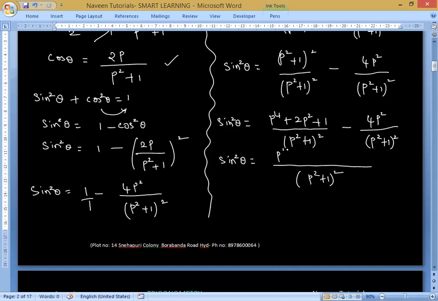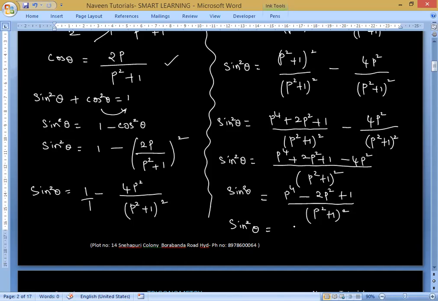Then I write the remaining part, p power of 4 plus 2p square plus 1 minus 4p square. Then sin square theta is equal to p power of 4 minus 2p square plus 1, by (p square plus 1) whole square. I can write the numerator as a square minus 2ab plus b square, so (p square minus 1) whole square by (p square plus 1) whole square.